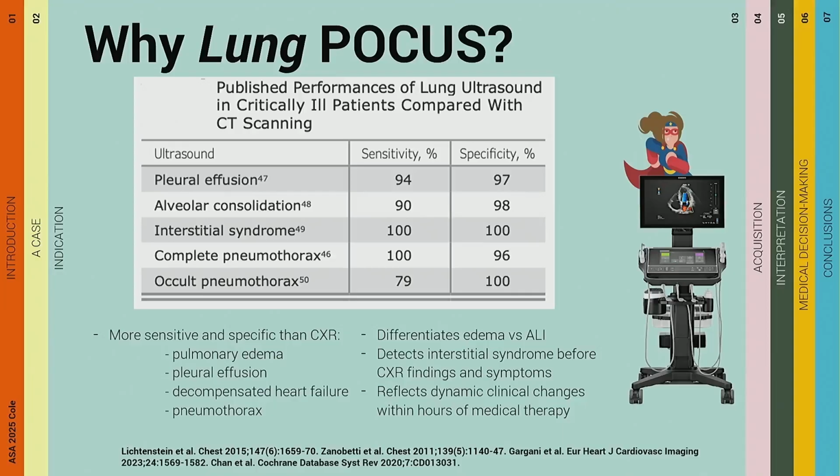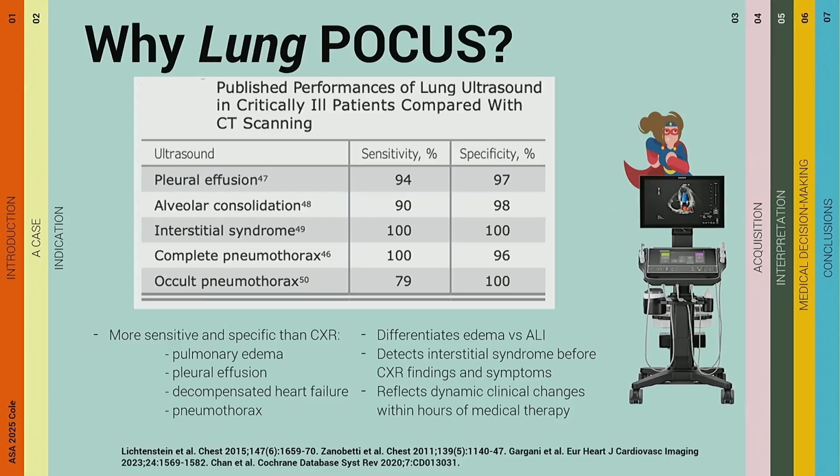Okay, so what are the indications for using lung POCUS in this patient population? We know from non-pregnant individuals that lung ultrasound has excellent specificity and sensitivity for making a diagnosis of pulmonary edema, pleural effusion, decompensated heart failure, or pneumothorax. And this is comparable to CT scanning and actually better than chest X-ray.